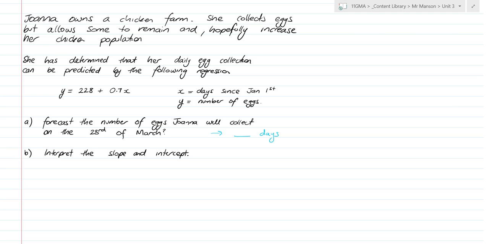So to answer this one, I get y equals 228 plus 0.7 times 81, and 228 plus 0.7 times 81 is equal to 284.7.